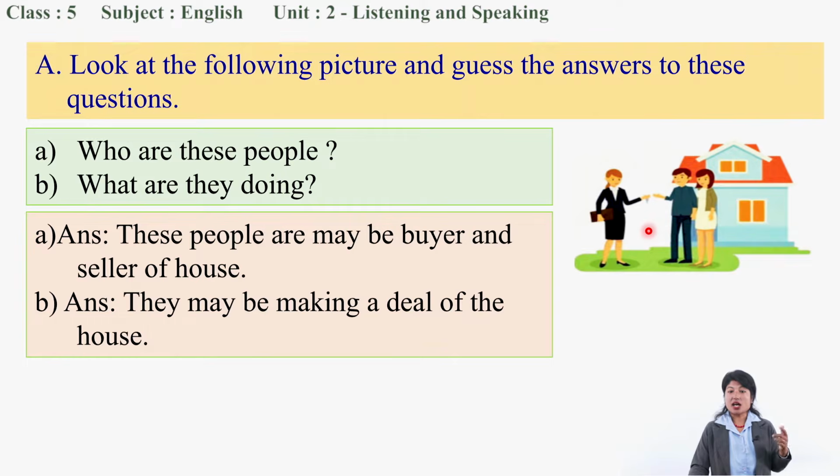And these two people are buying the house or taking keys. That means they may be making a deal of this house. That's my guess. What is yours? So does your guess match with these answers? Yes, similar, right? All right.